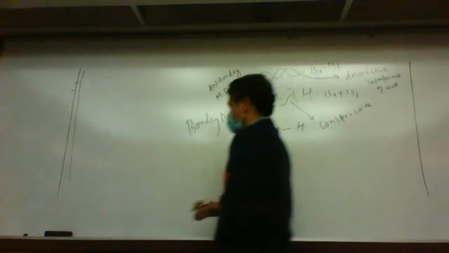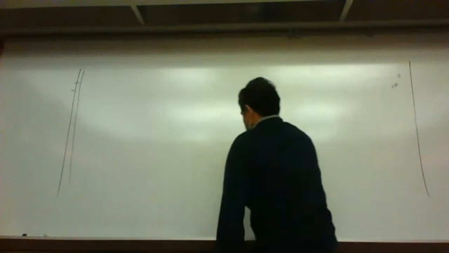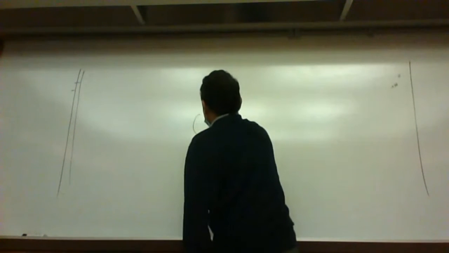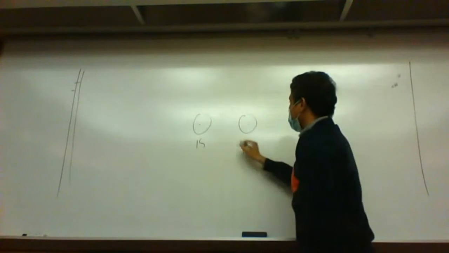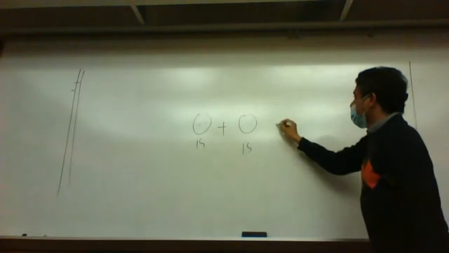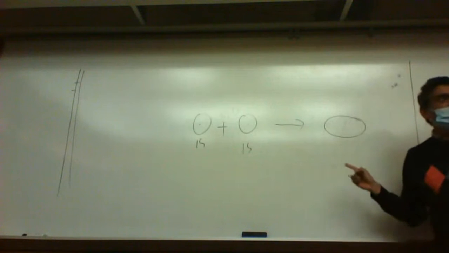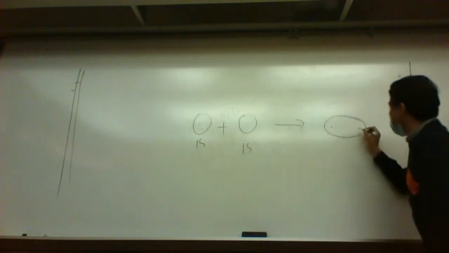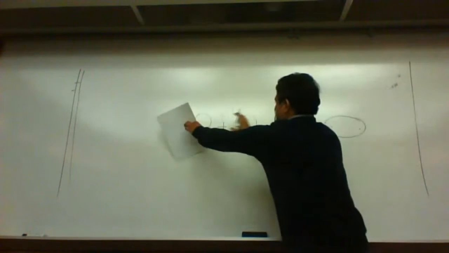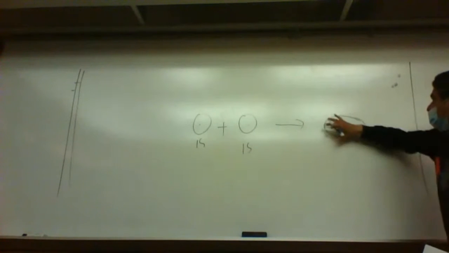So how we write this in this book is like this. Let's say we have the 1s orbital here of hydrogen, and this one is from another hydrogen atom. So they are interfering constructively. So let's represent this like that. Make sense? This is the nucleus of one hydrogen, this is the nucleus of another hydrogen, and this orbital and this orbital are constructively interfering, one over another, and here it looks like this.